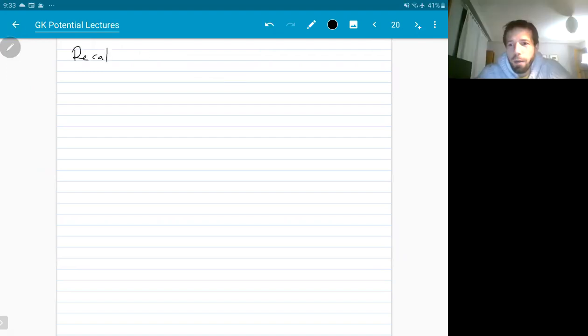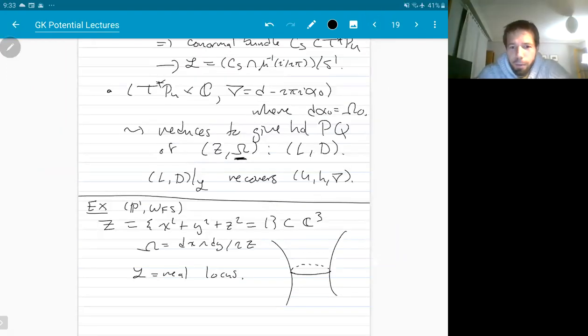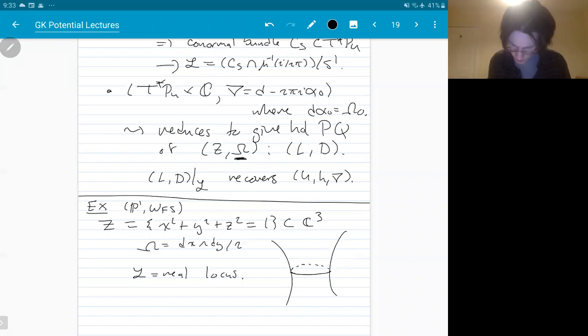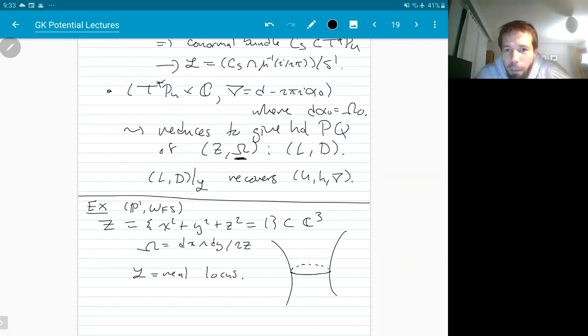Can you go back just 10 seconds to the previous slide? What is, so omega is dx wedge dy divided by what? 2z, I think. Okay. And what is your claim about this L, D?